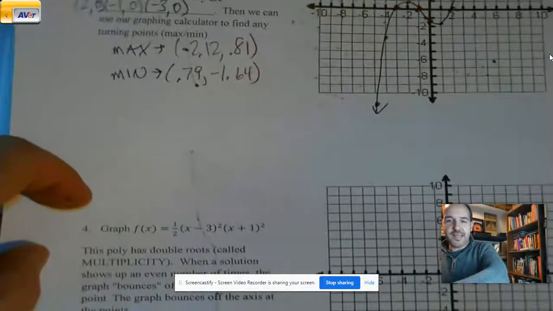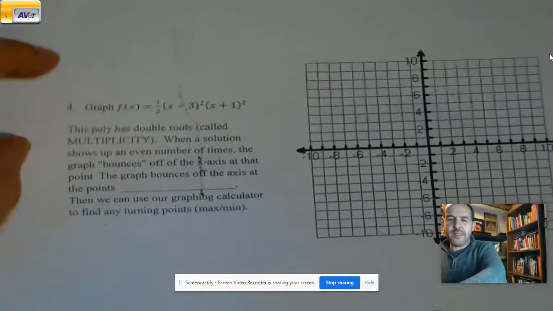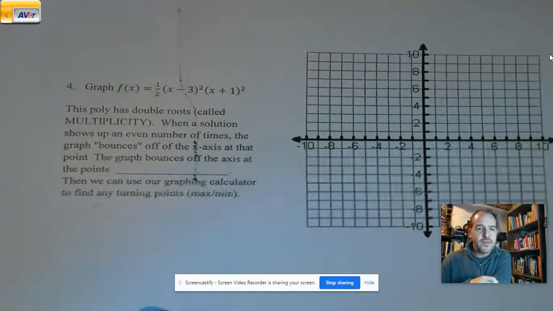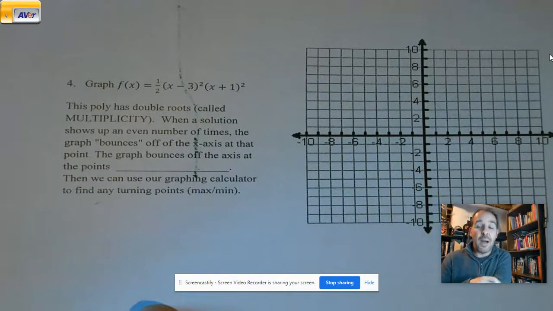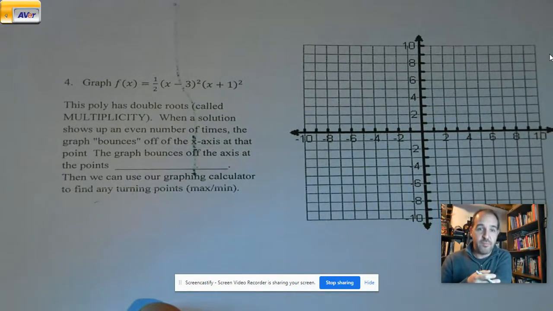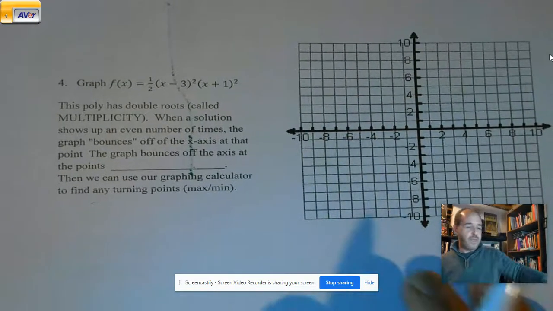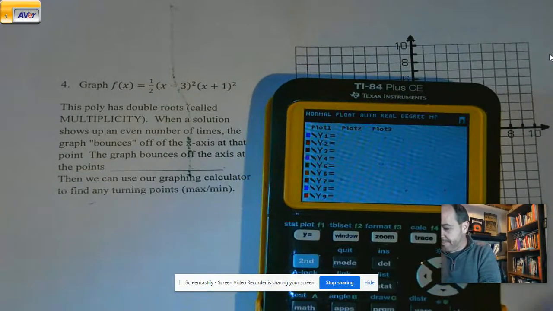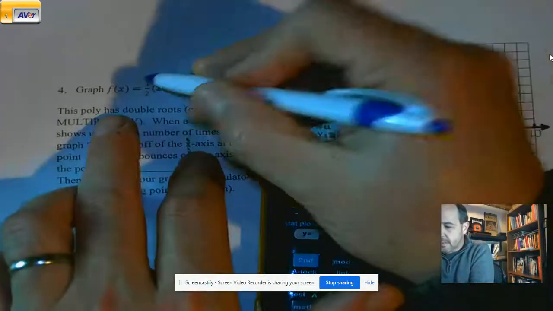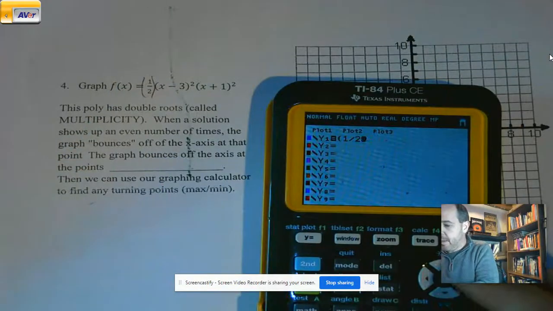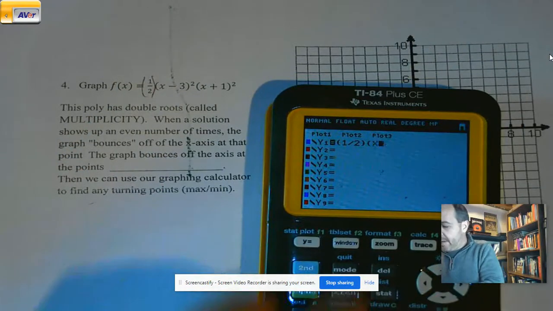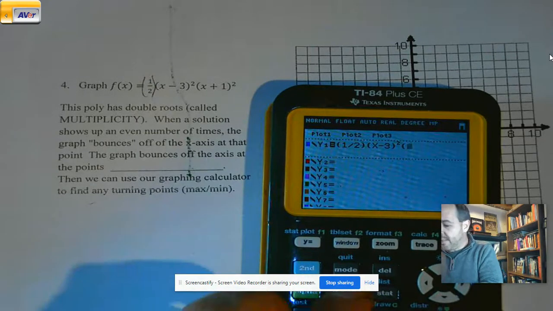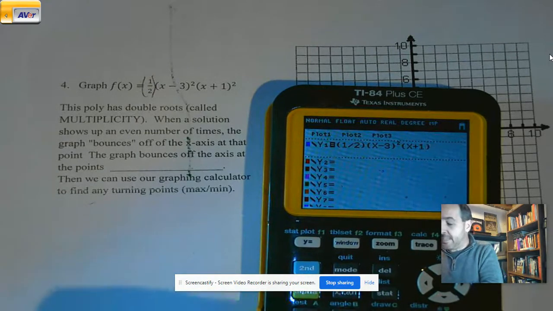Now, the last thing, and we talked a little bit about this when we were finding our zeros with the fundamental theorem. There's this thing called double roots, bounces, multiplicity, okay? What it means is, when we go to graph this, and we'll do that right now, basically what it means is we are going to see a point where our graph hits the x-axis, and then bounces back off.